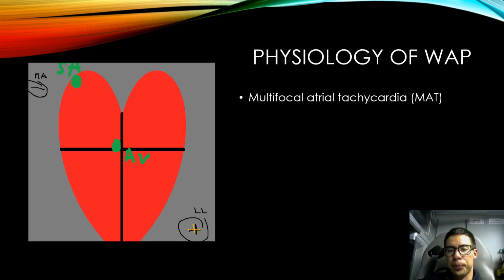And so with WAP, wandering atrial pacemaker, say where our first beat is up here, that cardiac cycle, the P wave will look like this, and then you'll have your QRS as normal, T wave, and then say for the next one, it fires over here somewhere.